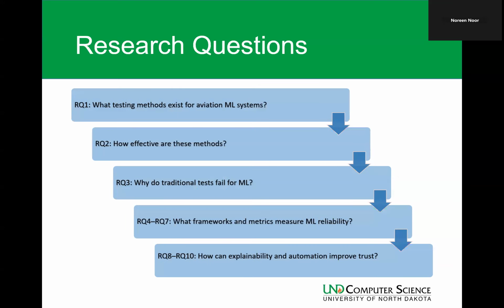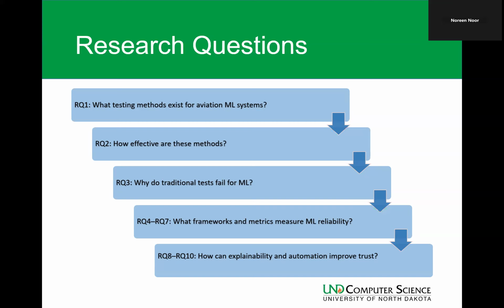After that, I collected some questions after reading all the papers from Google Scholar or the papers which others published. So this part basically guided how I approached the survey. The first question, research question number one, looks at what testing methods already exist for aviation machine learning systems, because a lot of work has been done in general AI, but not necessarily customized for aviation.